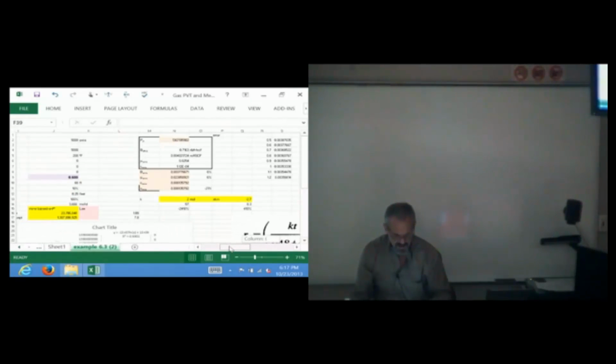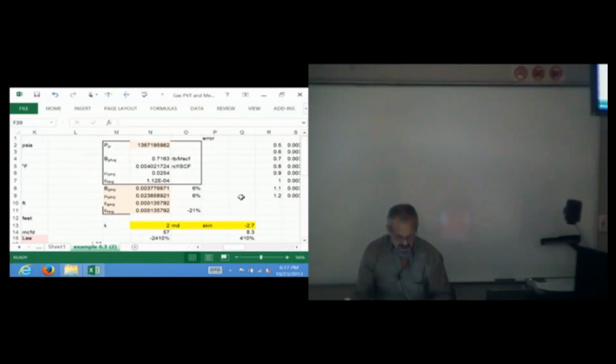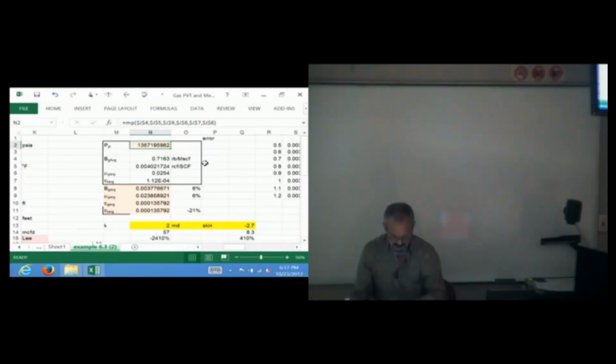and in my spreadsheet I am going to need, let's see if this is right. I don't really need this here. That's duplicated. I'm going to delete that. I don't need that. This was a constant from the previous problem. The only thing I don't need B, well, I may need B sub G if I want to calculate gas in place.